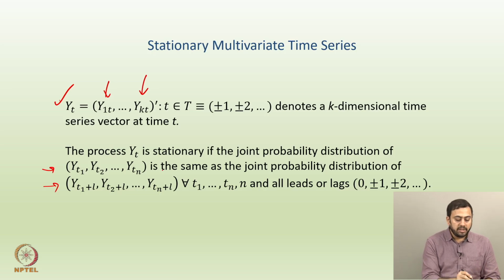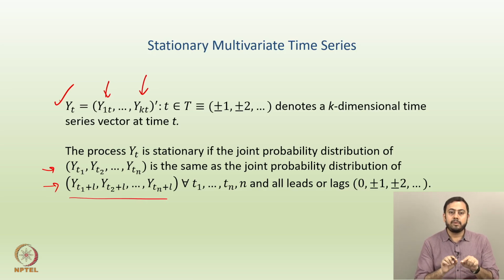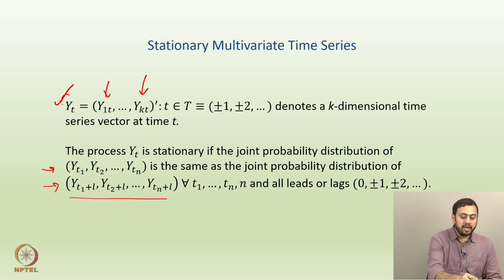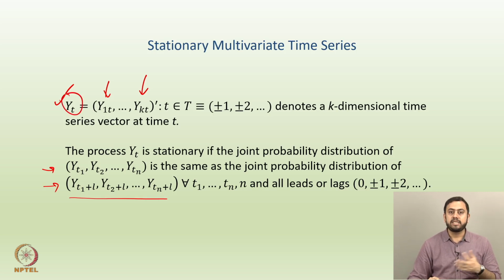If the underlying distribution of the first collection is exactly the same as the underlying distribution of the bottom collection, where we shift each timestamp by some lag L, then we can say that the original collection, which is yt, is stationary.